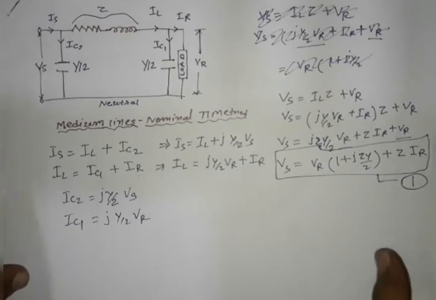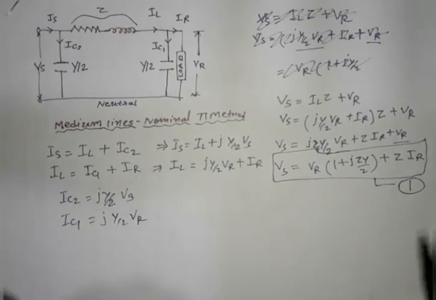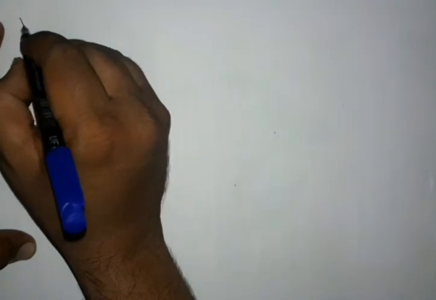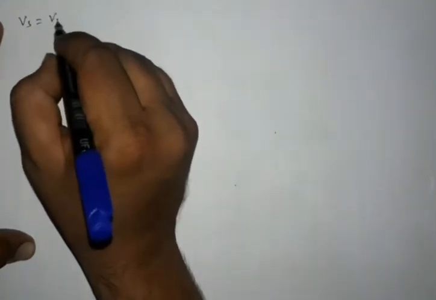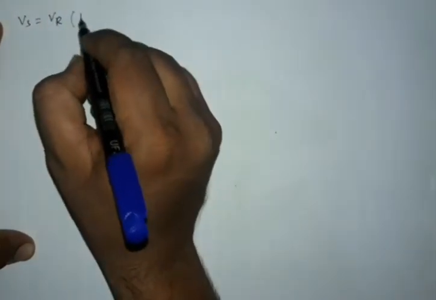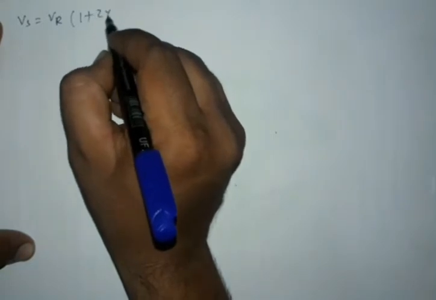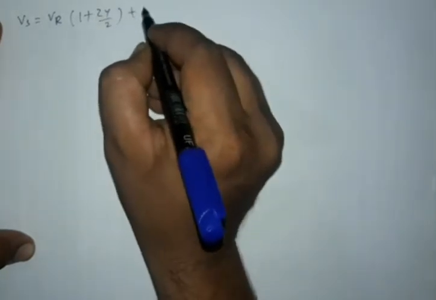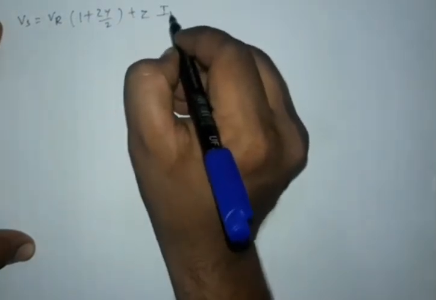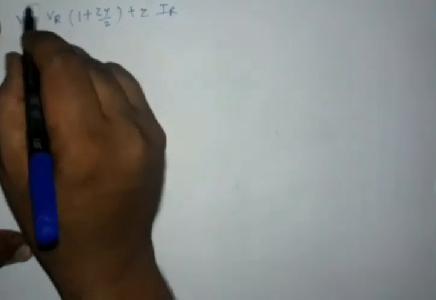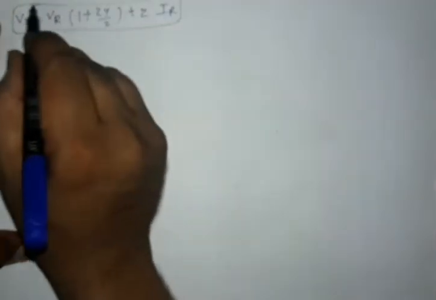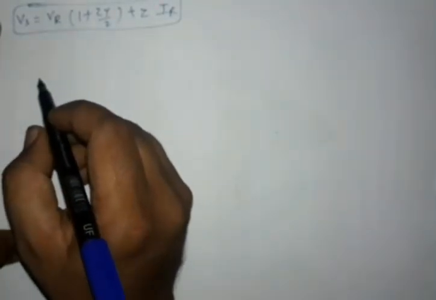Now we find the value for the sending end current. First we write the voltage equation: Vs is equal to Vr times 1 plus ZY by 2, plus Z IR. Now we find the sending end current equation Is.